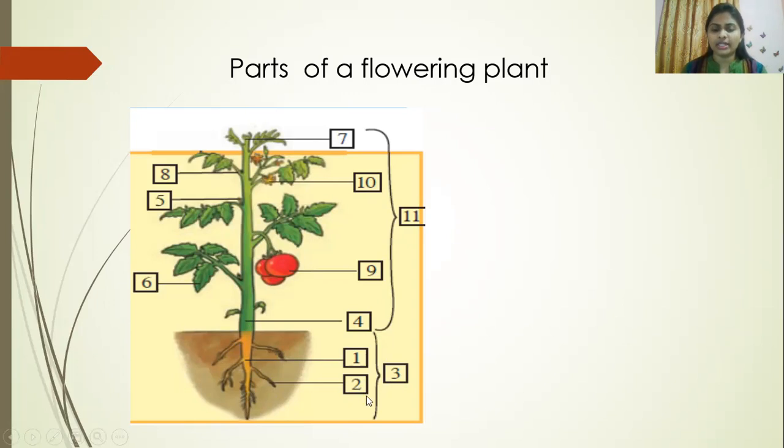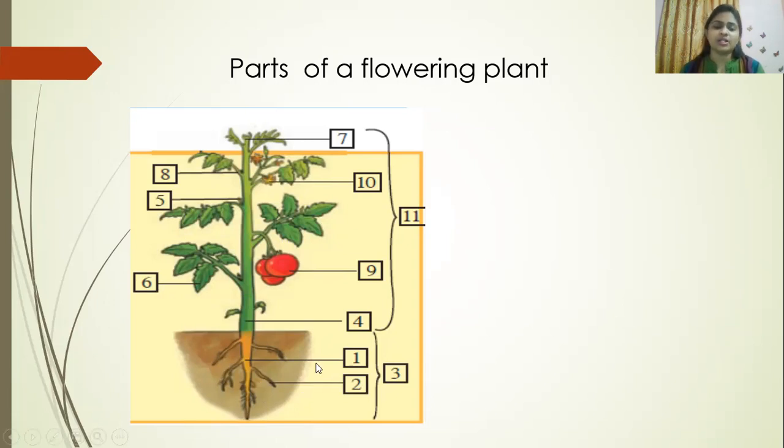Now, commonly, number 1 and 2 are called what? What do you call these two systems, two organs actually, found inside the soil? We call it root system. This is a typical flowering plant. Typical. What do you mean by typical, children? That is taken to identify common features of most of the plants.